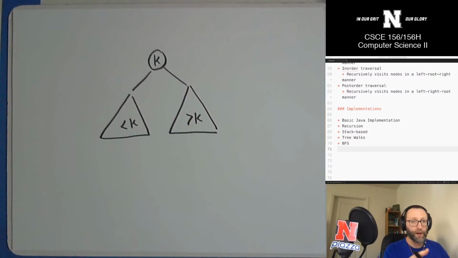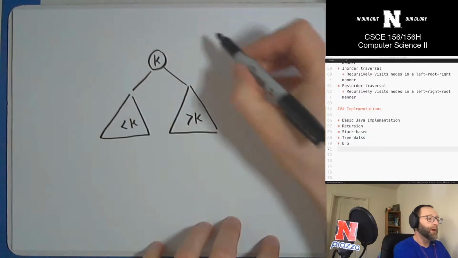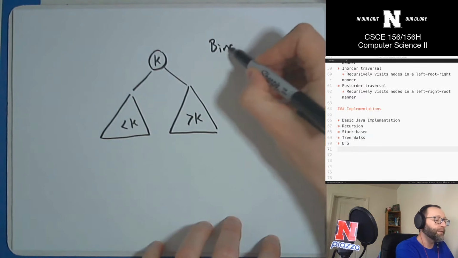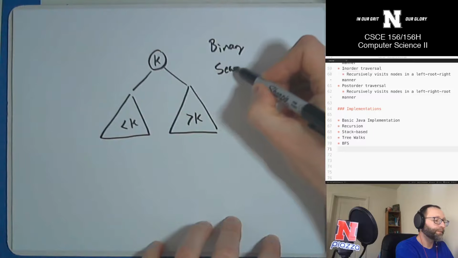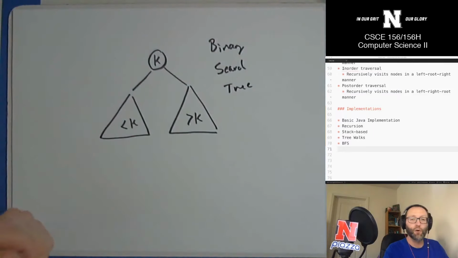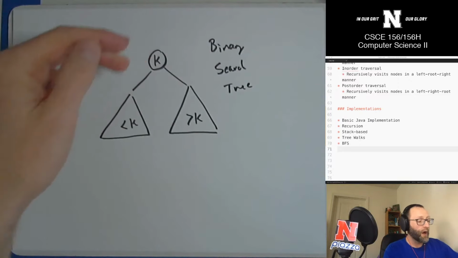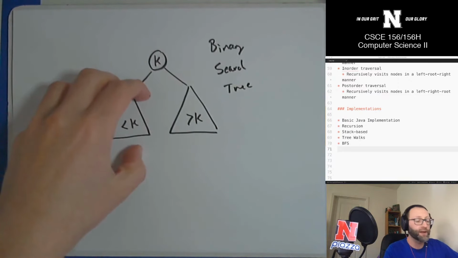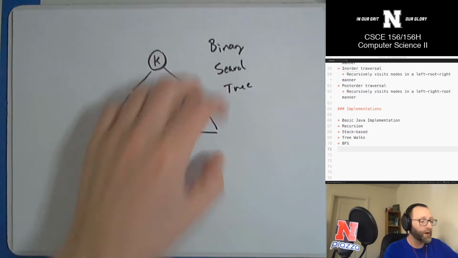This is already a binary tree because it has at most 2 children, but now it's going to be what's called a binary search tree. And by the way, this property has to hold for every single node. Everything in the left subtree is going to be less than it. Everything in the right subtree is going to be greater than it.